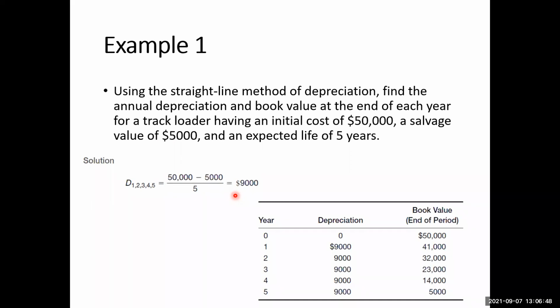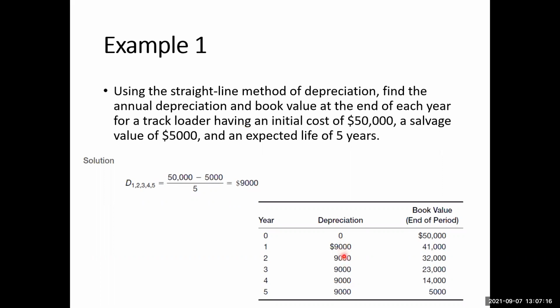But we don't know that now, because we are talking about 2 years from now. That's why we are going to estimate it by some method. The straight line depreciation method is one of those estimation methods. By this method, the depreciation each year is $9,000, uniform depreciation.